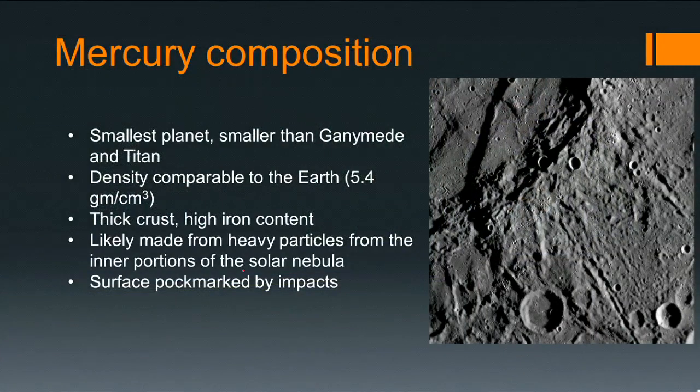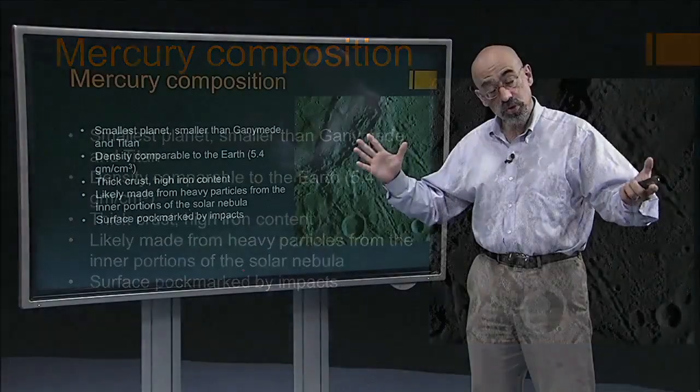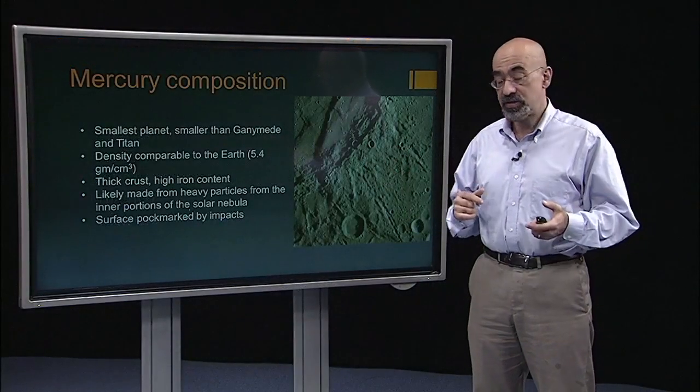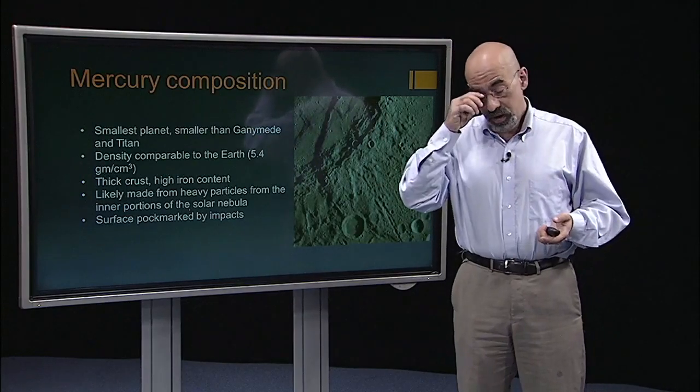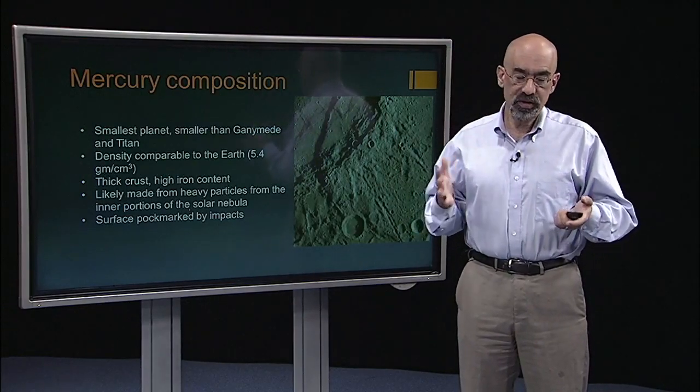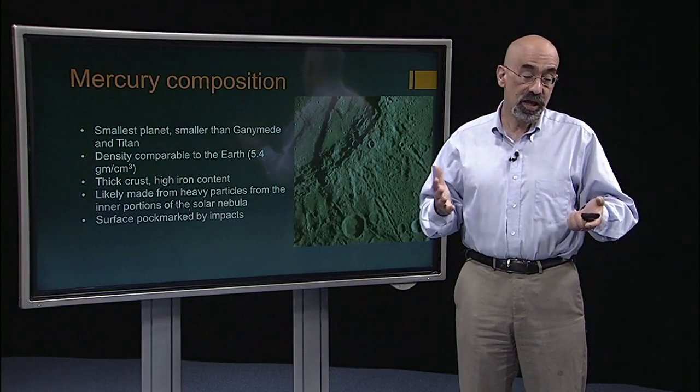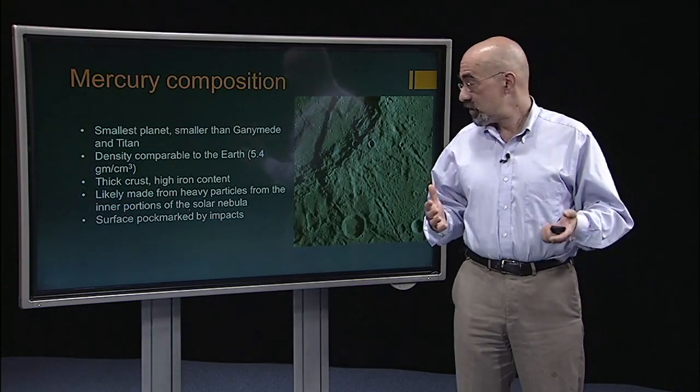It's got a very thick crust. It's got lots of iron that makes it up. And it's composed of materials, since it formed in the inner part of the solar system, which was quite hot, we think, when the solar system formed. It's made up of materials that stay solid or liquid at very high temperatures.